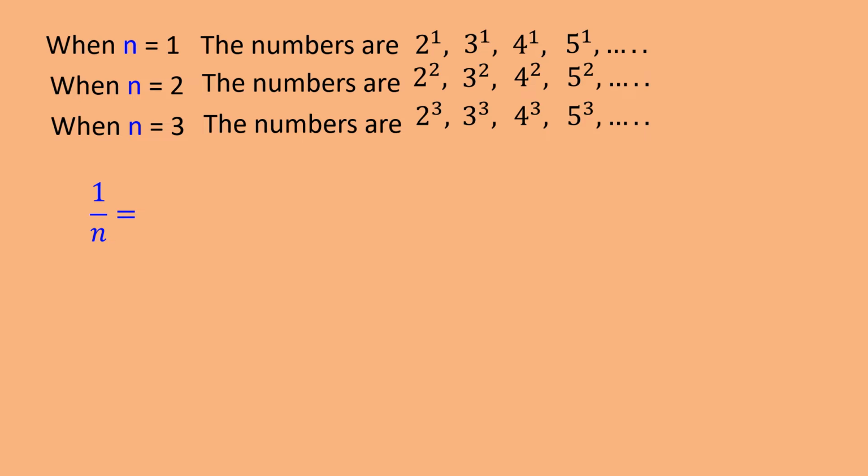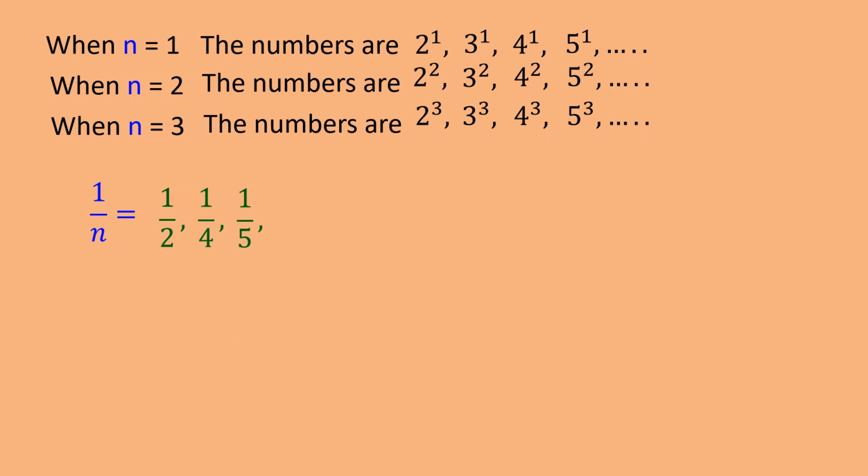Now let us say that the index, instead of an integer, can be a rational number. As we have seen previously, a rational number means any number which can be written in fraction form. So let us take an example of 1 upon n as a fraction in the form of an index. What will 1 upon n as an index do?